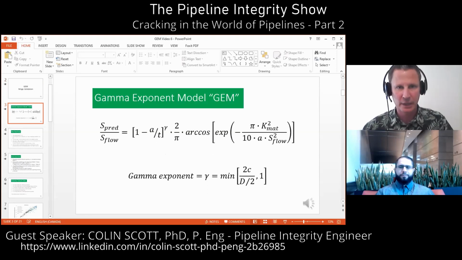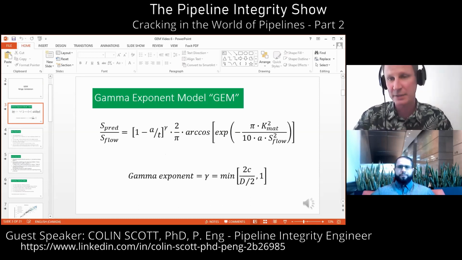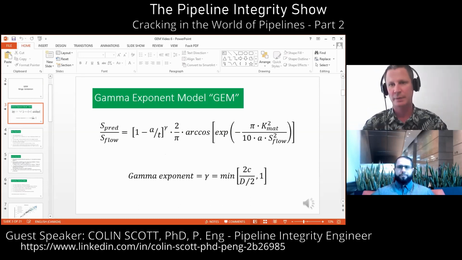Here we have my basic gamma exponent model. And what you'll notice about this, and I think this is really important based on some of the things we talked about yesterday, is it's just a one-line equation. You don't need to buy $5,000 or $10,000 worth of software to work with an equation like this.